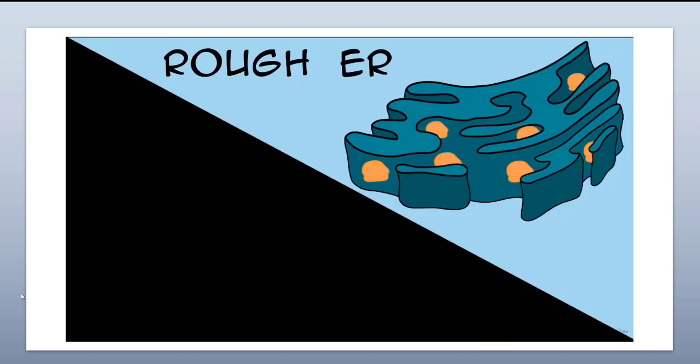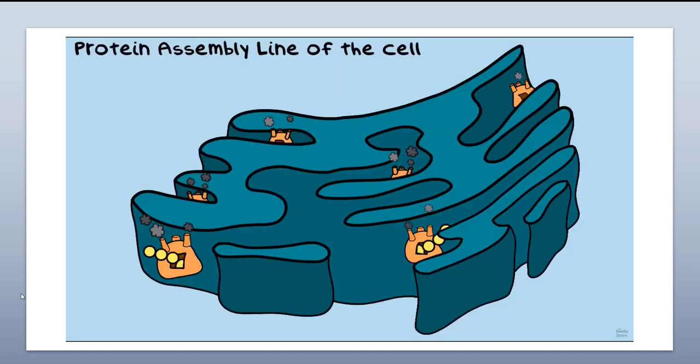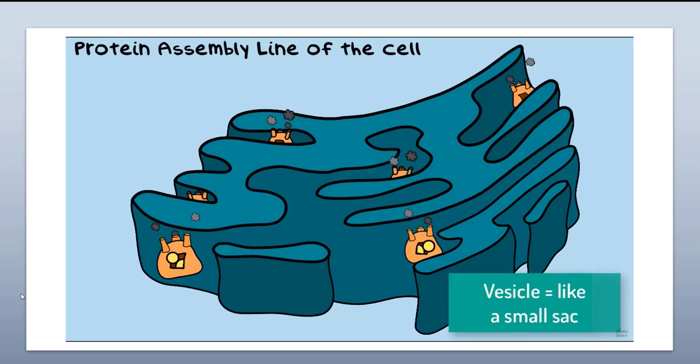And there's a rough ER, which has ribosomes attached to it, making it, as you can imagine, rough, and then smooth ER, which doesn't have the ribosomes. Rough ER specifically tends to be involved with protein producing and transporting, because remember that ribosomes make protein. Now, molecules that leave the ER can be sent away in vesicles that actually pinch off the ER themselves.